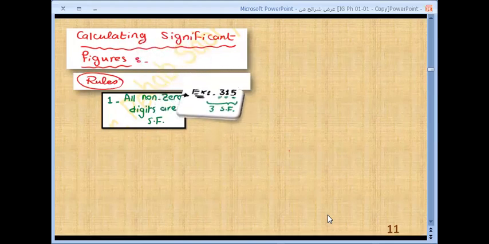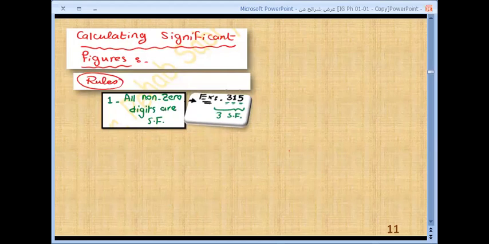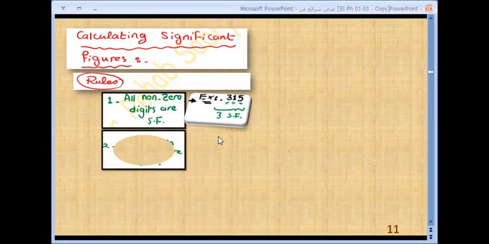If I give you a number like 315 and ask you to find the number of significant figures, you will count 1, 2, 3, because all are non-zero digits. So we have 3 significant figures here.